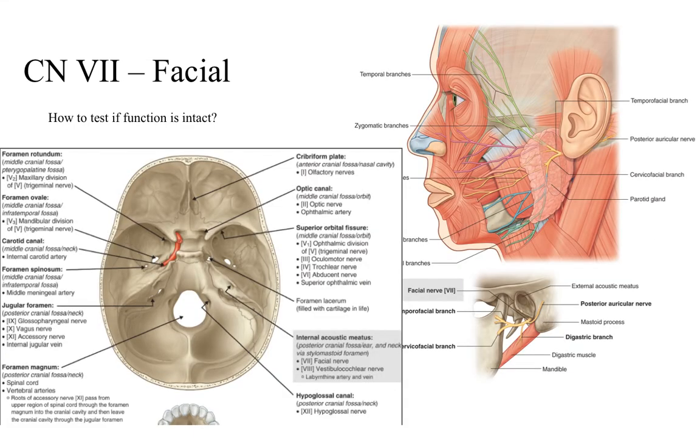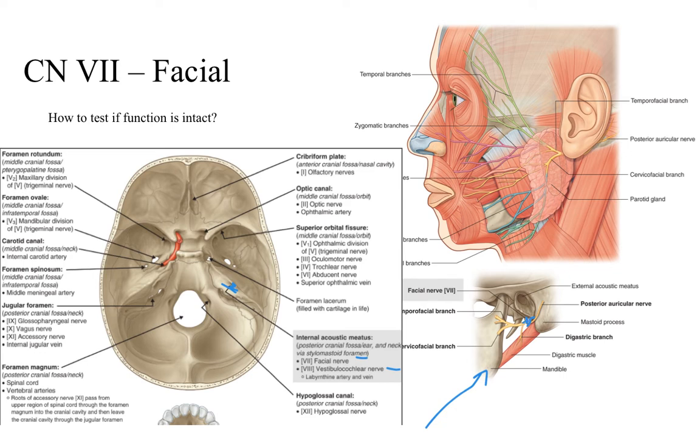All right, so just for showing how this works, here is the internal acoustic meatus right here. So you would have several nerves going through there, including the facial nerve. Notice also the vestibulocochlear nerve goes through there. But the vestibulocochlear nerve is attached to structures of the inner ear, whereas the facial nerve, notice over here, it's coming out from just inferior to the external acoustic meatus.